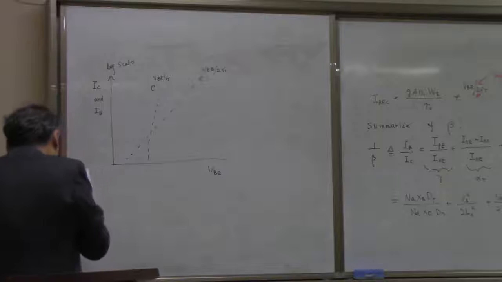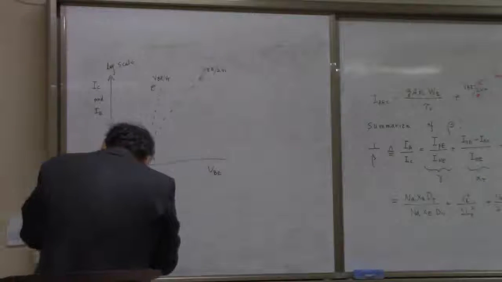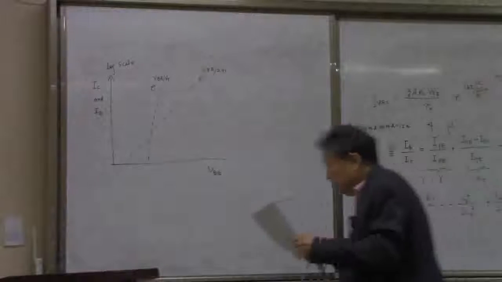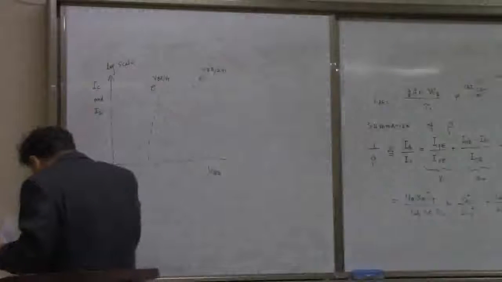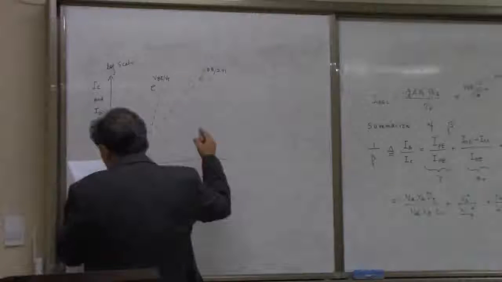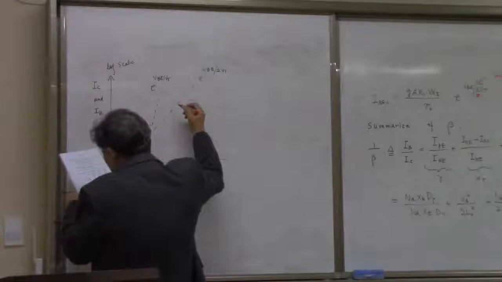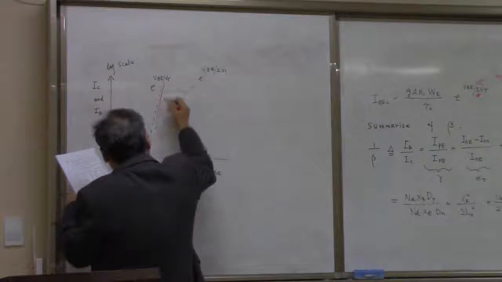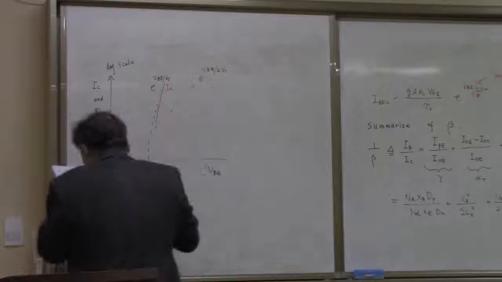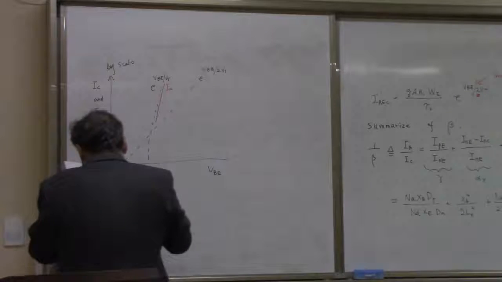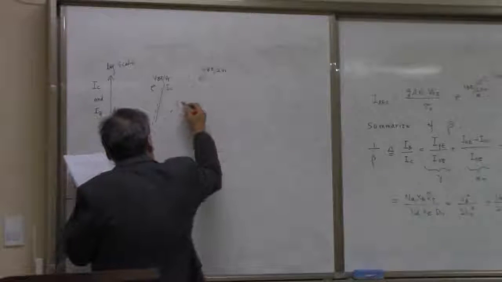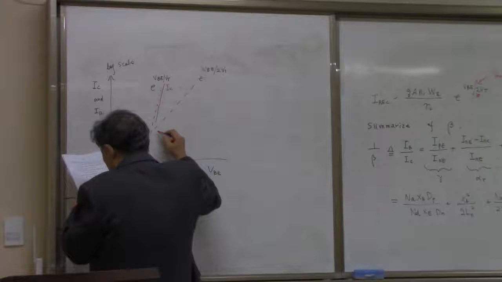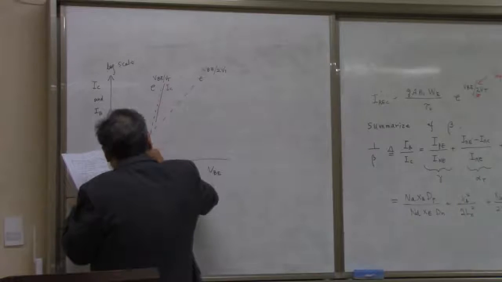And then the collector current IC is going to follow this line. That is, IC is going to follow this line. And then IB is going to follow along this line at the small values.